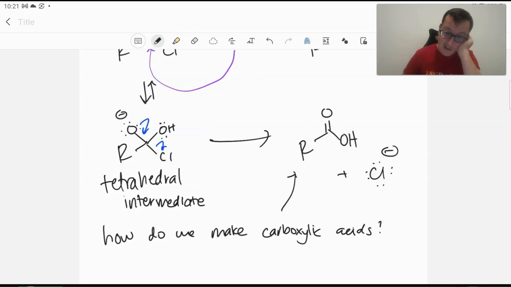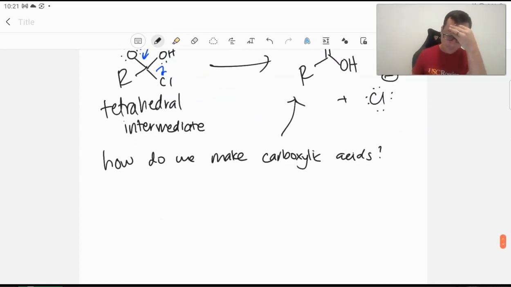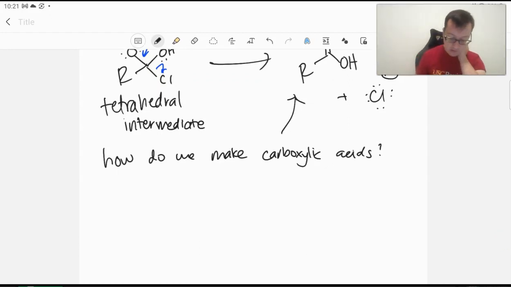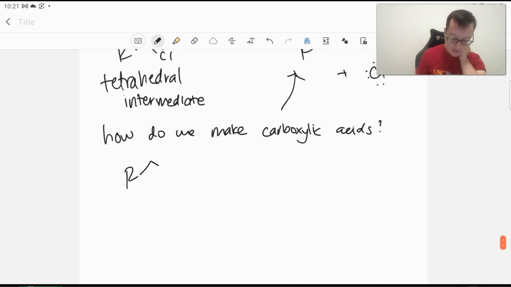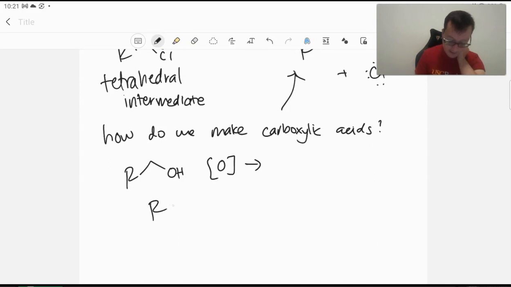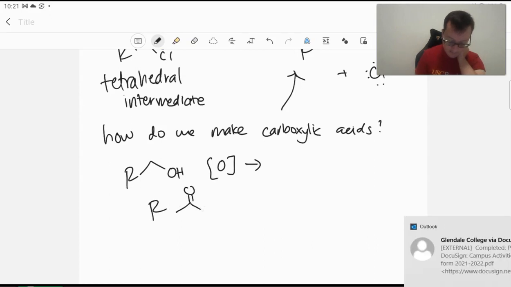That'll give you a carboxylic acid. But what ways do we know previously for how to make carboxylic acids? We've got a couple of them, right? Quite a few. We can oxidize a primary alcohol or an aldehyde. You can oxidize these things to carboxylic acids.